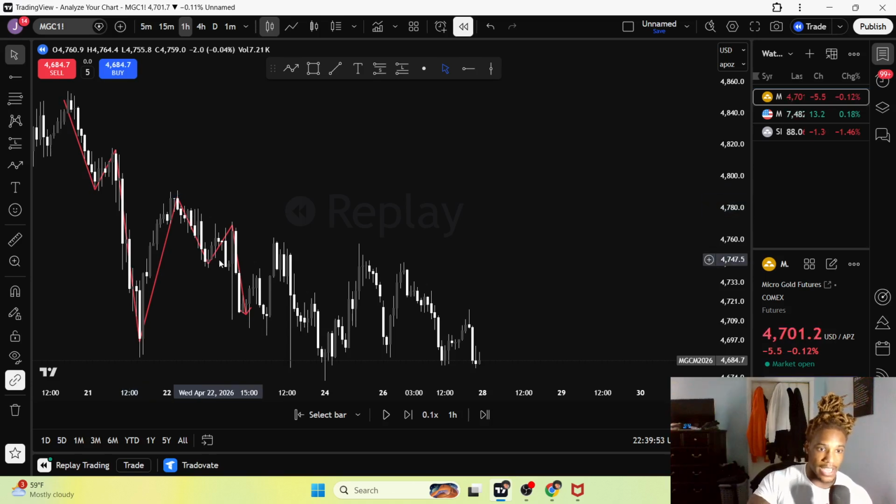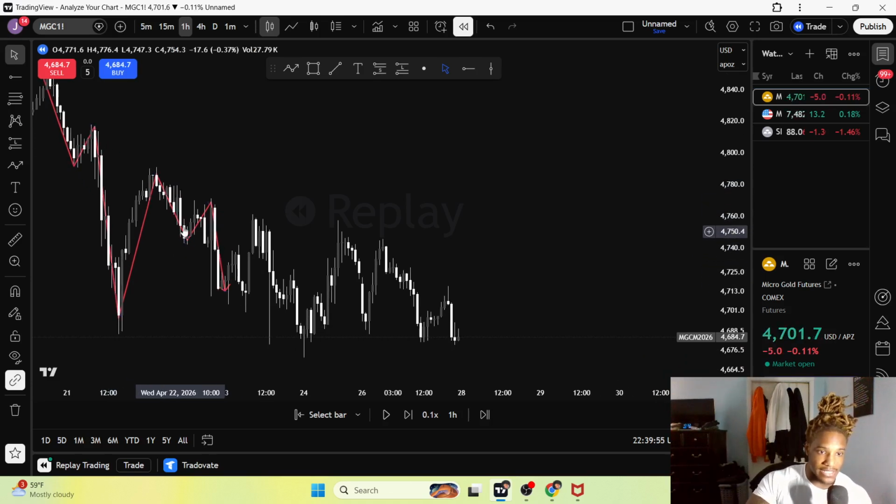Moving along, came down. Now this is not a lower low because price did not break beneath this low. It created a higher low because this low is higher than this low. Cool. Price came up, created a lower high because this high is lower than this high. Price came down, created a lower low because this low is lower than this low.